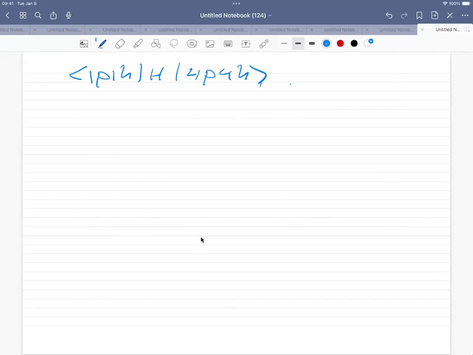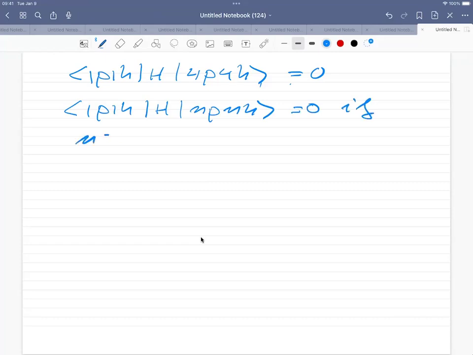But if I do a four-particle, four-hole, that means that I will have at least three possibly different single-particle states from the one-particle, one-hole. So this is 0. That means that one-particle, one-hole with H with n-particle, n-hole is 0 if n is larger than or equal to 4.